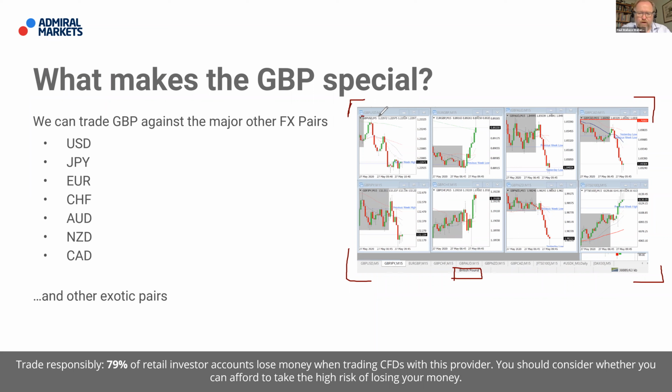What I have here is the pound against the dollar, the euro against the sterling, the pound against the Aussie, the pound against the Canadian dollar, the pound against the Japanese yen, the pound against the Swiss franc, the pound against the New Zealand dollar, and then I have the FTSE 100, which is the UK's main equity index. We did a session on that maybe a week or two weeks ago. If you want to understand more about trading the FTSE, then by all means go and check that out in the YouTube webinar archive.